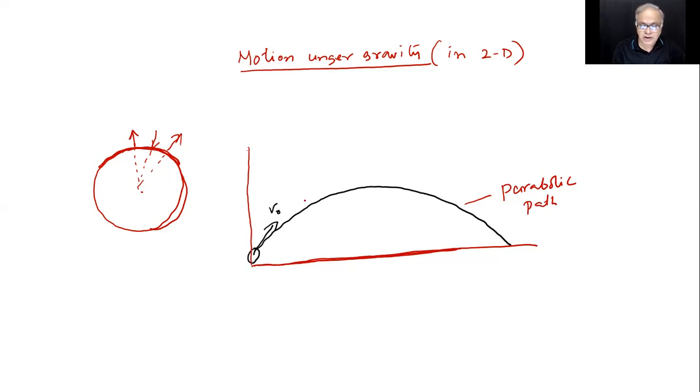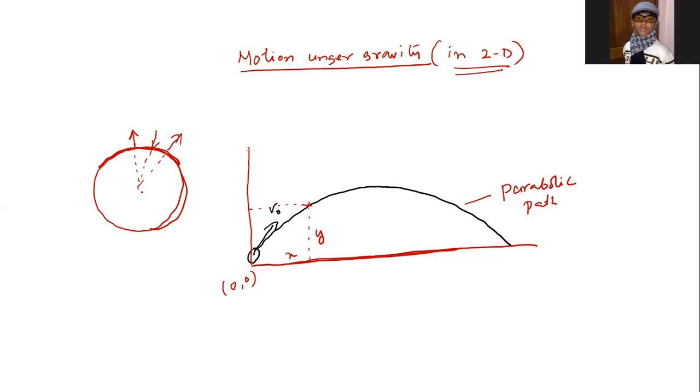Like when a body is somewhere here, if I take this as my origin (0, 0), it had traveled some distance x and as well some distance in the y direction, right? So this is the meaning of in 2D. Do you follow? And like I told you also, G is once again supposed to be constant.